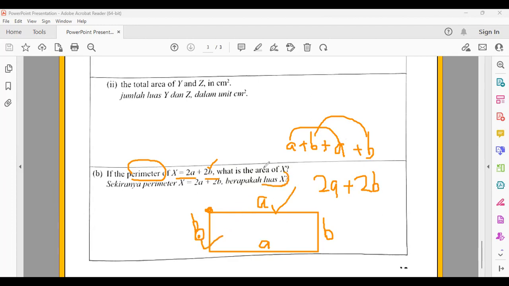So now can I find the area of the rectangle? Easy, isn't it? It's just A times B. So the area of the rectangle is just A times B. Do you understand now? Do you understand this question, girls?